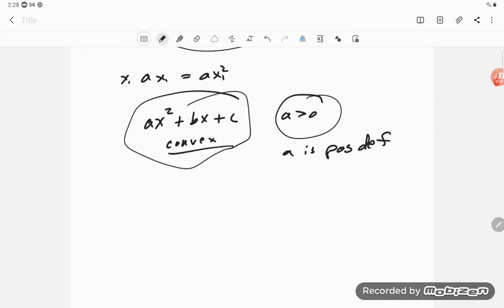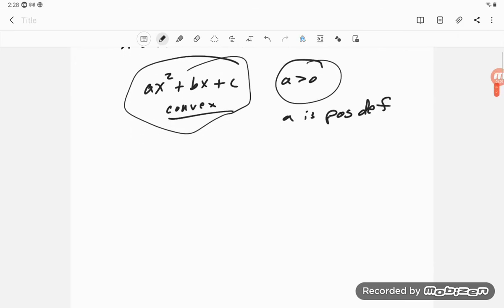Pretty much that's going to be it for a 1 by 1 matrix.